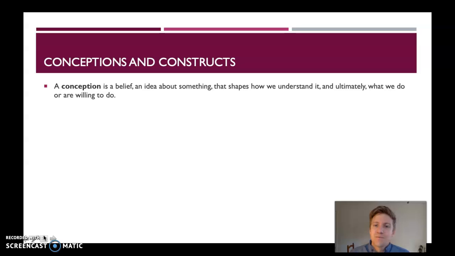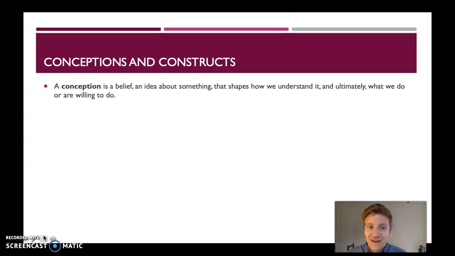We don't need to draw a fine distinction between a conception and a construct, but it will be helpful to reflect on why our ideas about writing matter. Remember that a conception is a belief, an idea about something, and that these ideas shape how we understand things and ultimately how we do things.